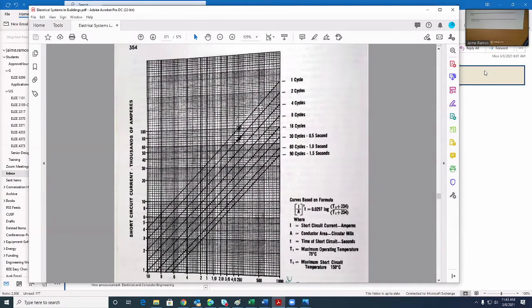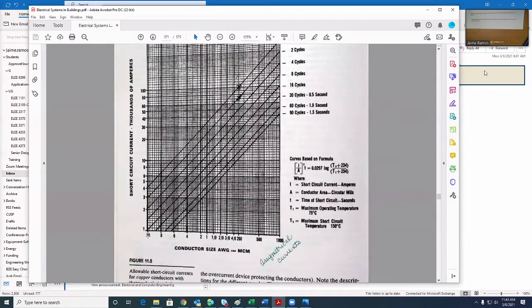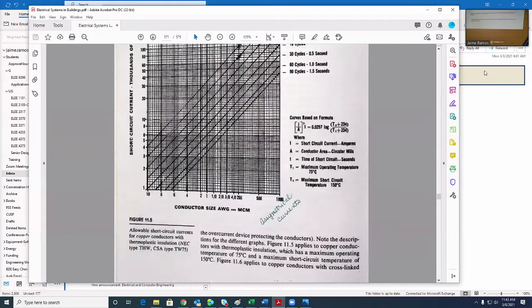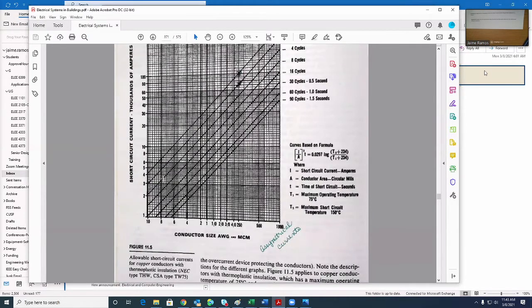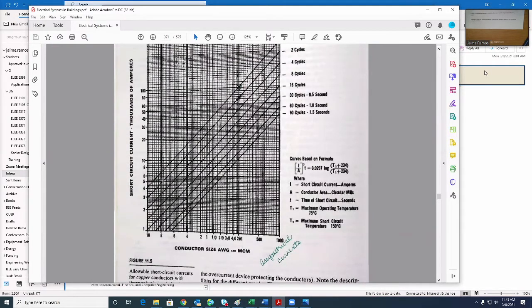So then we come to this plot. The family of curves are for different cycles. On the horizontal, we have the size of the conductor, and on the vertical, we have the short circuit current in thousands of amperes. So the idea is this.